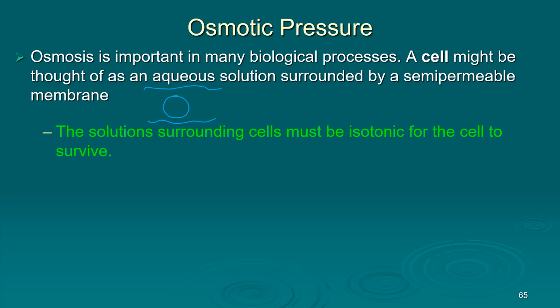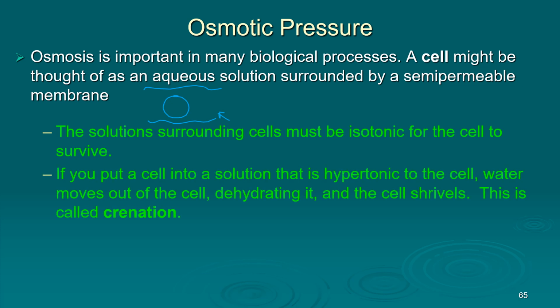My cell has a particular osmotic pressure, and then my blood has a particular osmotic pressure. As long as the osmotic pressures are the same, my blood cell is happy. Because a cell is surrounded by a semi-permeable membrane, this is important: solutions surrounding cells must be isotonic for the cell to survive.